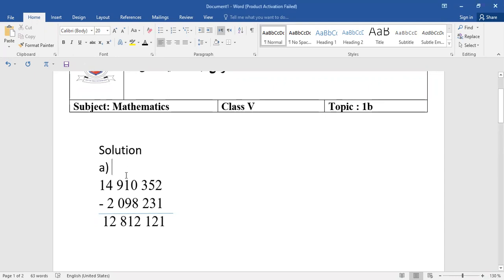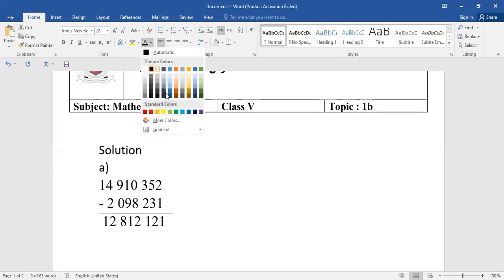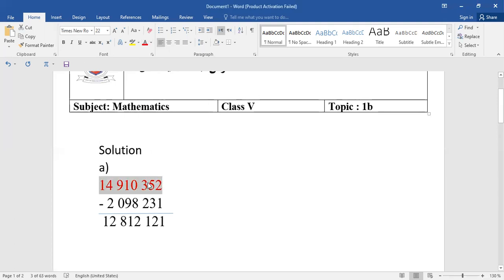So here you're going to write down the population of people in Karachi and Rawalpindi vertically, column-wise. While writing this, please be careful that you are writing units under units, tens under tens, hundreds under hundreds, and so on.